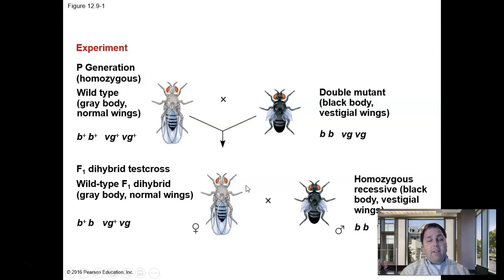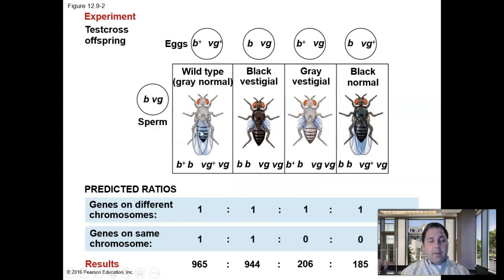You should get 50-50 gray big wings and black small wings. But what you see if you actually do this experiment is that if the genes are sorted independently, if B and VG are completely independent, you would expect to get a 1-to-1-to-1-to-1 ratio. If they're completely dependent, if they only sort together, you would only get a 50-50, like I just mentioned.